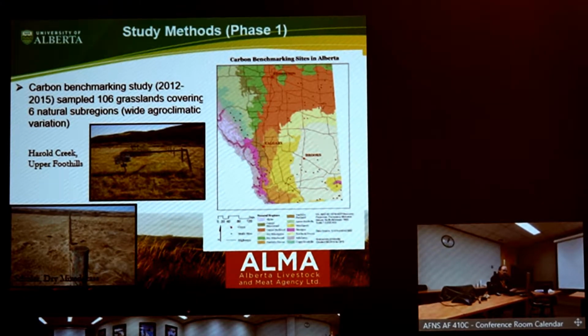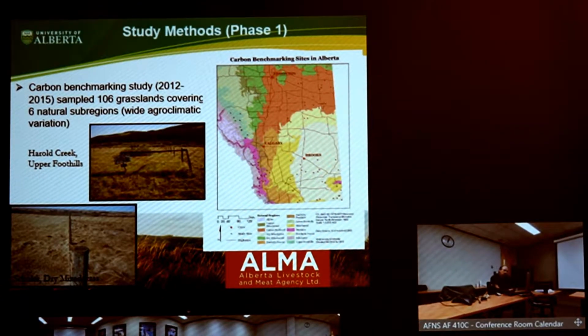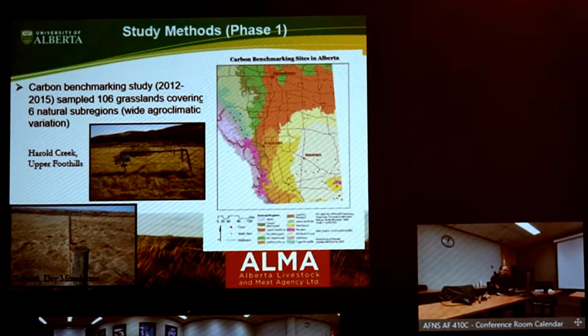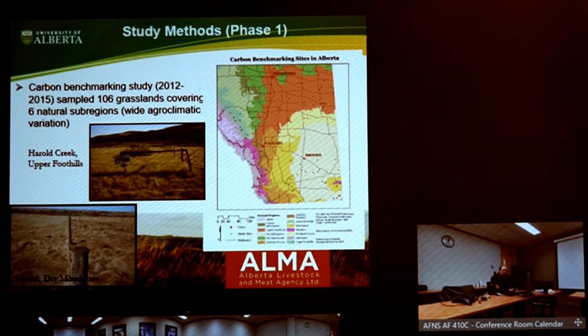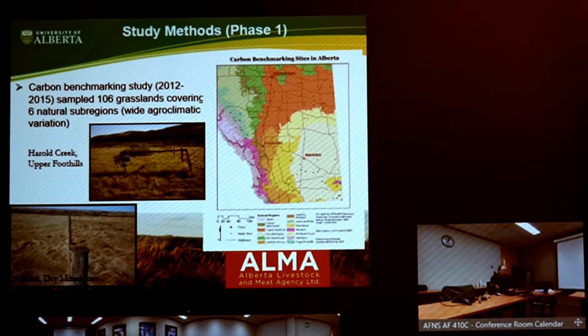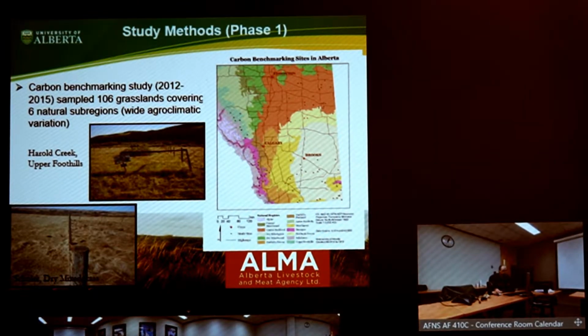You can see the map here on the right side. Basically it shows very widespread distribution, all the way from the Medicine Hat region up into the Edmonton area, and then from the Saskatchewan border clear up into the foothills. So we had representation of a very broad range of soil and agroclimatic conditions, so different climatic zones and vegetation types. And a couple of examples on here.